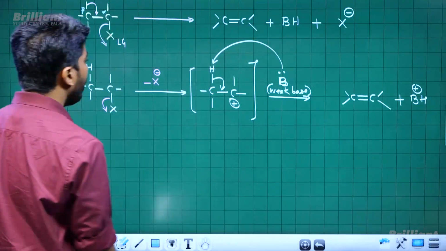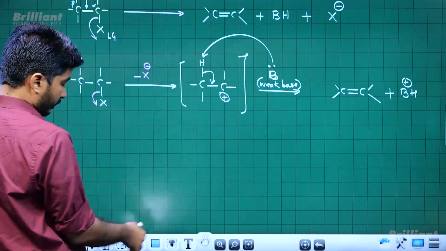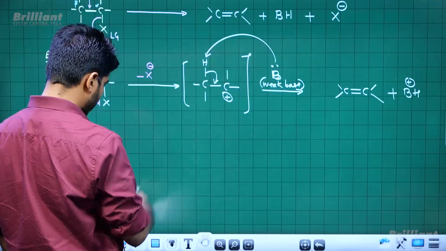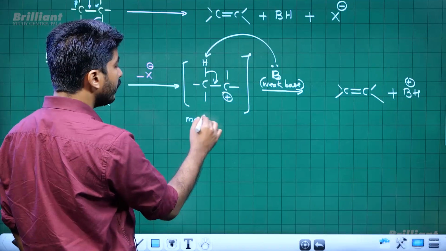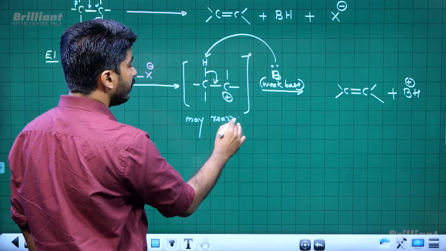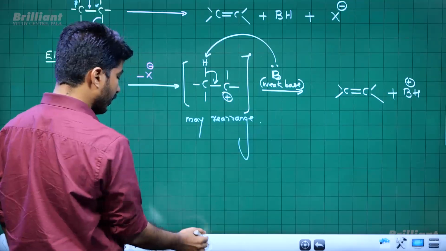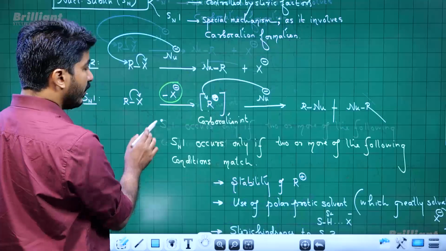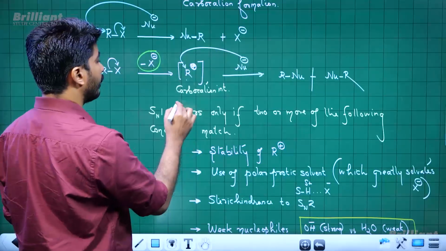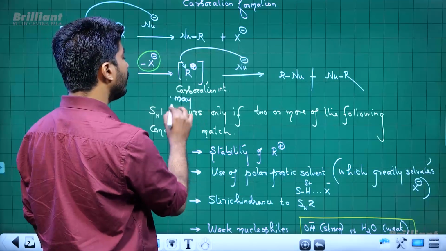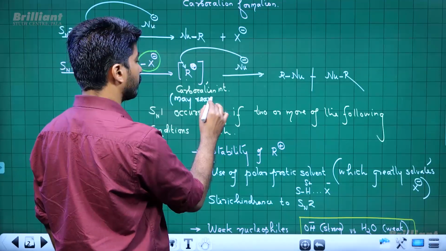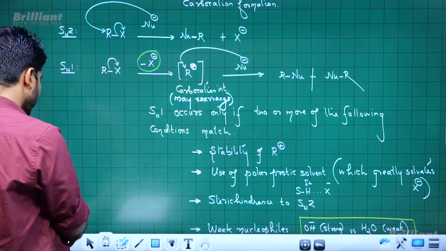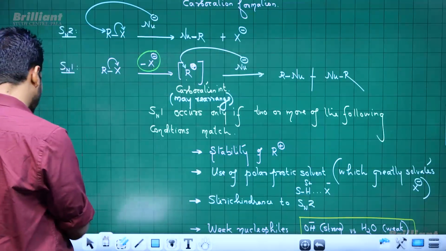So things happen in at least two steps, and you know that in SN1 and E1 reactions carbocation formation is there, therefore rearrangements are possible. It may rearrange definitely if there is a possibility. Similarly in SN1, rearrangements are characteristic of SN1 and E1 mechanisms due to carbocations, and carbocation involvement is the speciality of both these mechanisms.